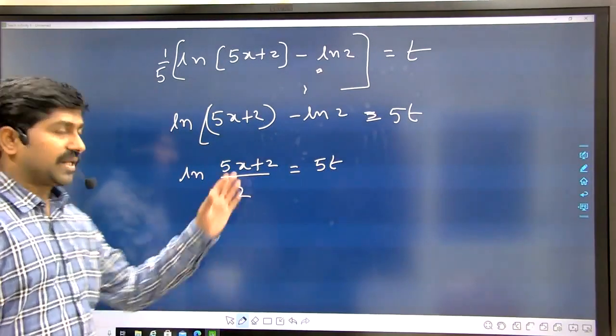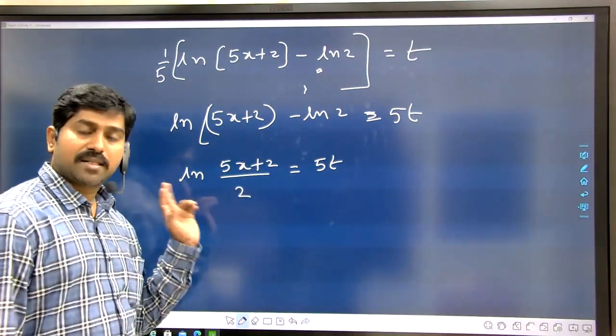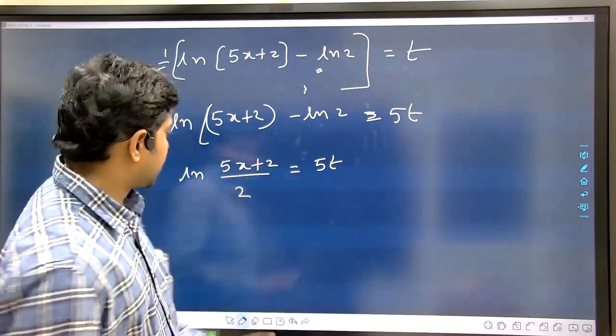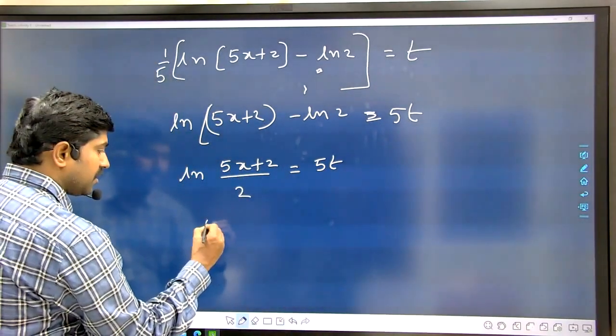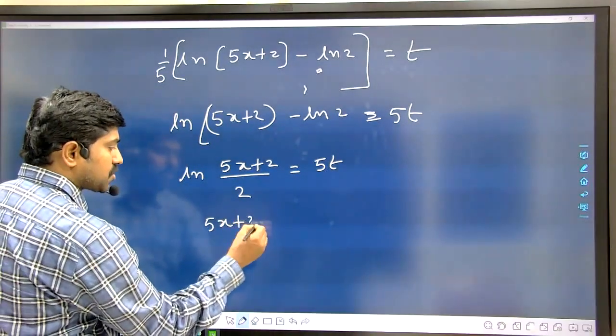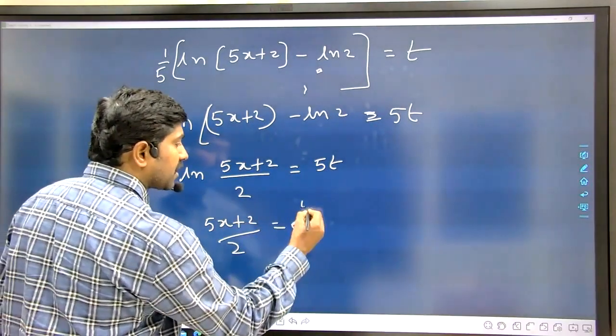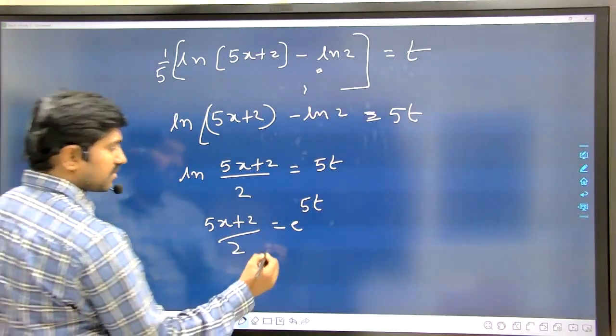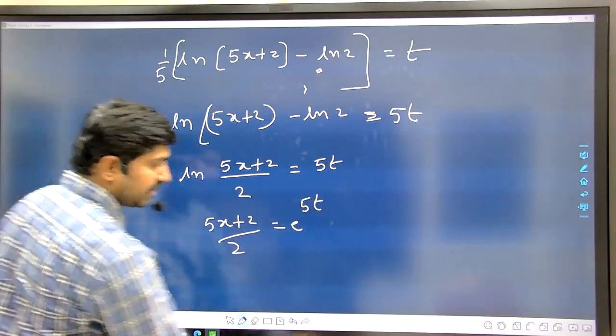But you have to get the relation for x only, na? So logarithm should be cancelled. What is the opposite function for logarithm? Exponential function. If you apply the exponential function, you will get 5x plus 2 by 2 is equal to e power 5t. And then, so 5x plus 2 will be equal to 2e power 5t.